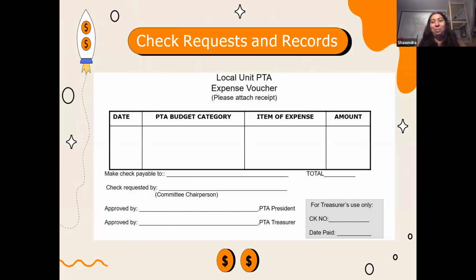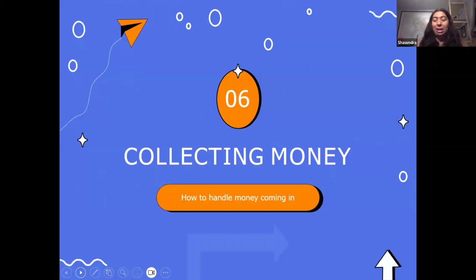It's good to make sure that your committee chairs are aware of the money that's being spent on their committees as well. And then it's good to have both the president and the PTA approve that as well. So this is just an example. If you've got a different one for your PTA that works, use what works for you.